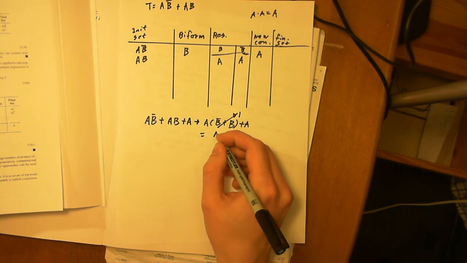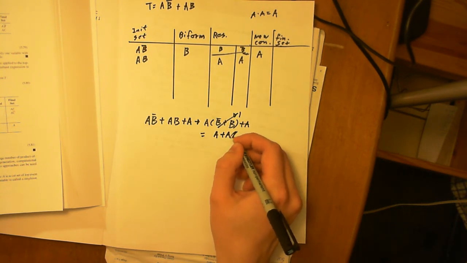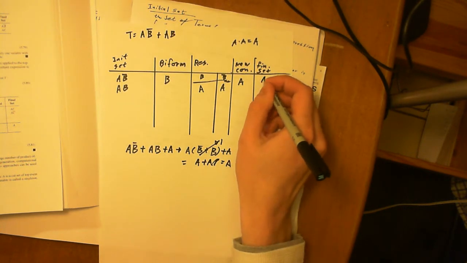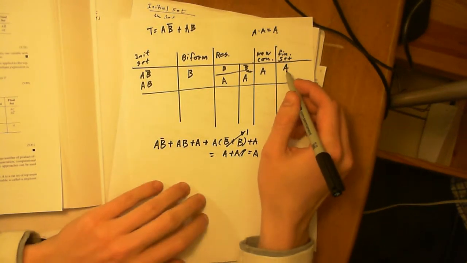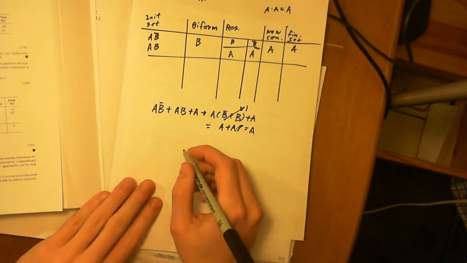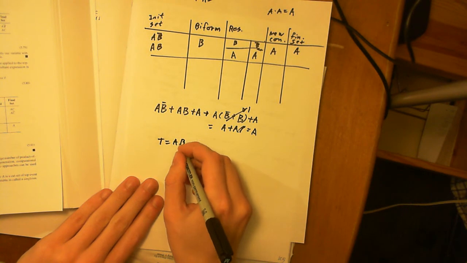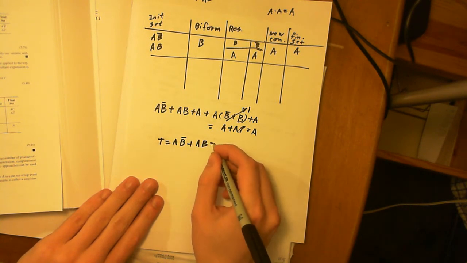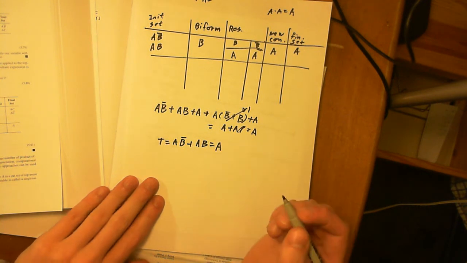So that just equals A and A, which equals A. So our final set is just going to be A. And we're done now because there's no more biform variables in our final set. So we can say the top, which equals AB complement plus AB, simplifies via our general consensus method to just A. Simple enough.